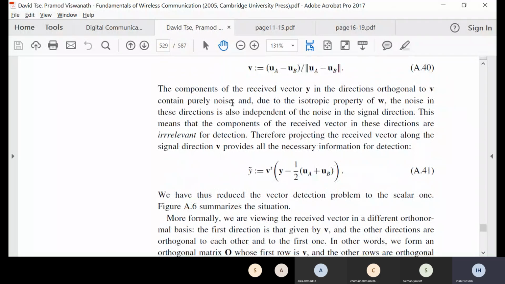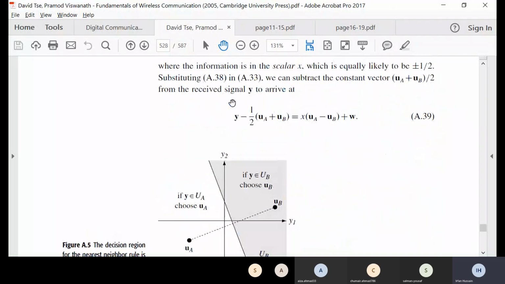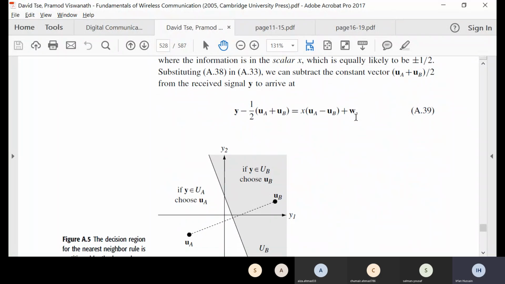You can see that if this is the received vector, the whole of this is along UA minus UB, and it is along this V vector because we have taken the direction of this. In all other directions, you have only noise. Noise is also present in the V direction, but all other directions will only have noise.